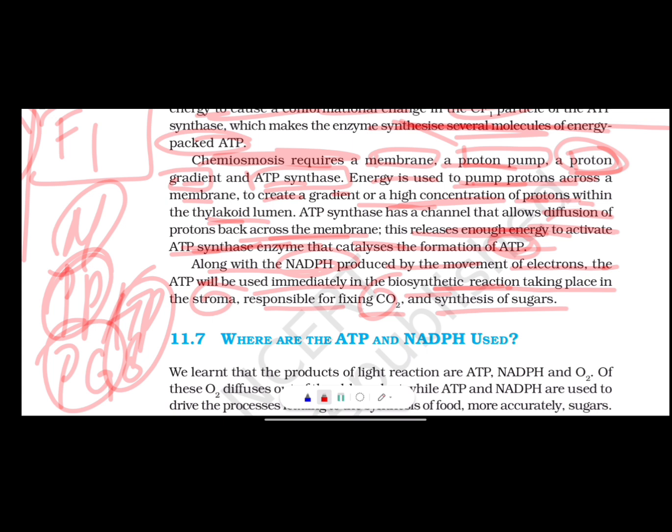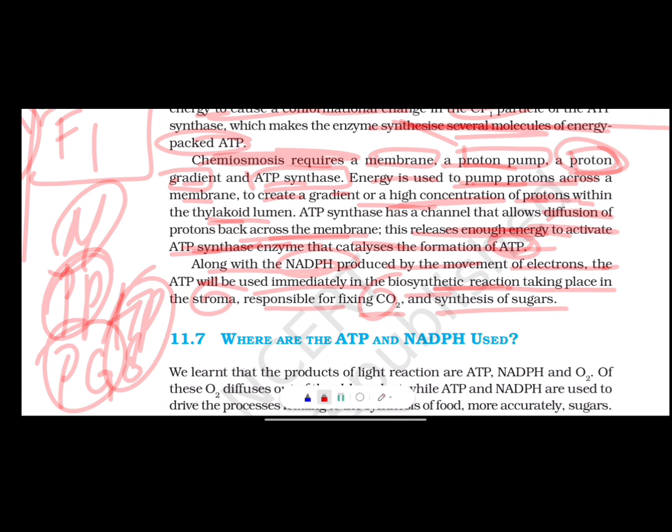So in the last point, they are saying that along with the NADPH produced in the process we have studied through the light harvesting system, the ATP produced by the chemiosmosis hypothesis, these ATP and NADPH will be used in the biosynthetic reaction taking place in the stroma.